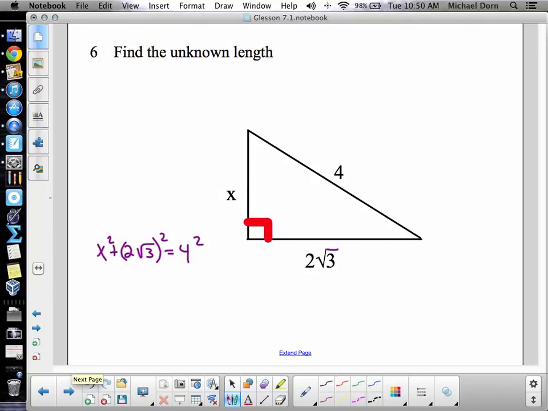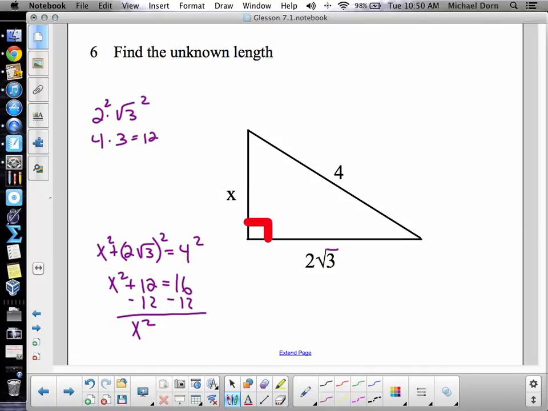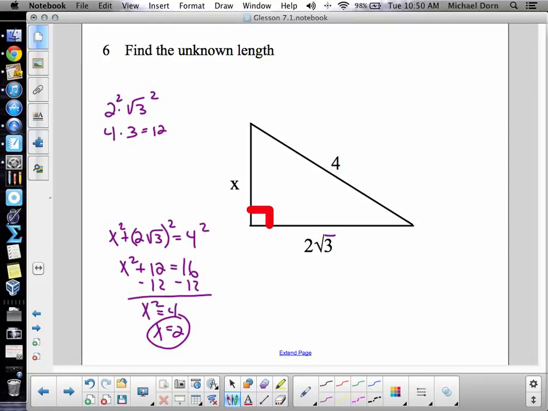Now we're going to have to do a little squaring here. 2 root 3 squared. Remember, that's 2 squared times root 3 squared, so that's 4 times 3, which is 12. And 4 squared is 16. We subtract 12. So I get x squared is 4, and that's easy. X must be 2. And there we are.